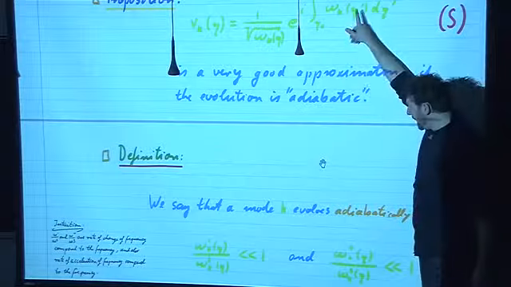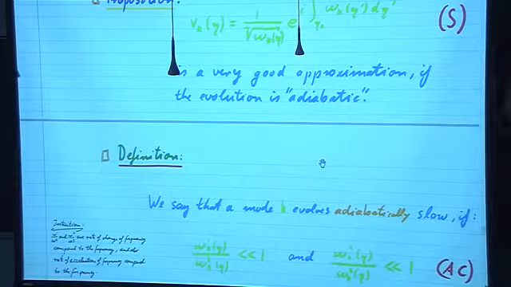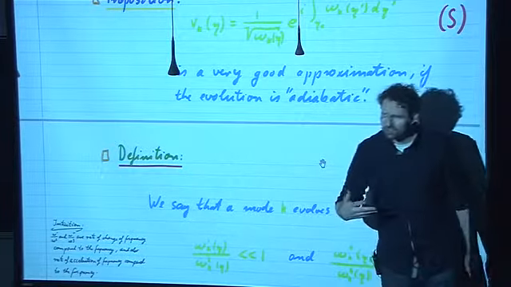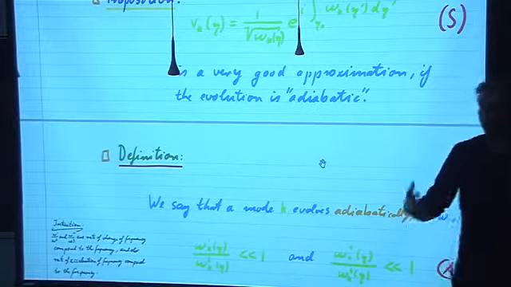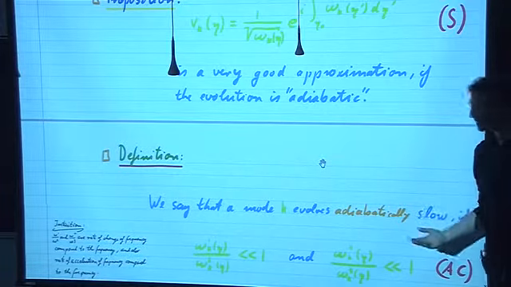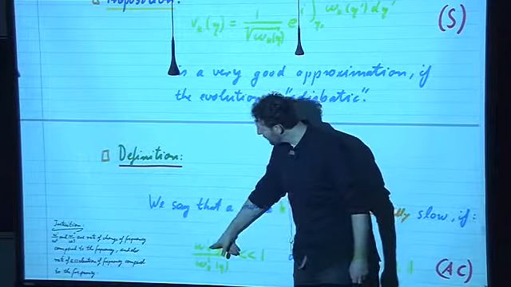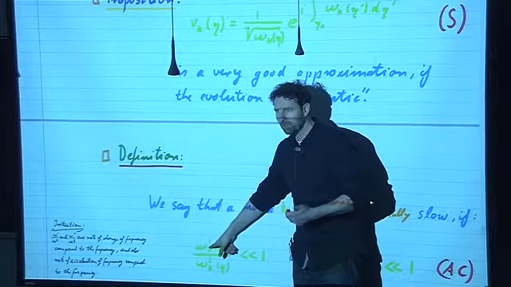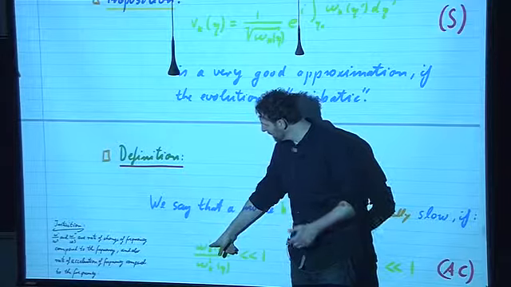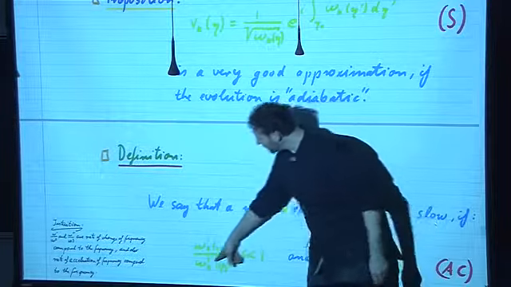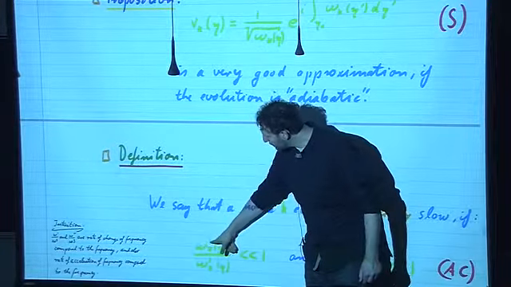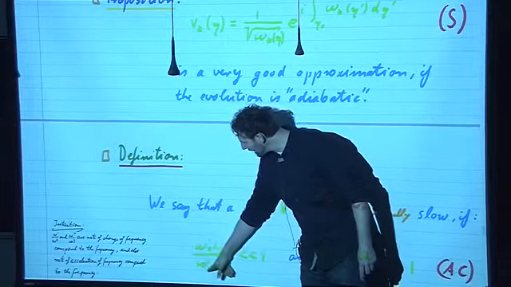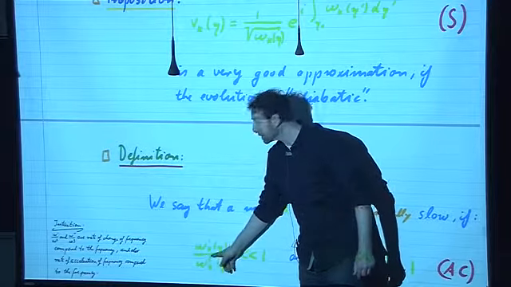It's the adiabatic approximation if the evolution is adiabatic, and that means that the change of the parameters is slow compared to the natural oscillation frequency of the harmonic oscillator. And concretely, this means if omega prime, the change of the oscillation frequency of a harmonic oscillator because of the expansion, is small compared to the oscillation frequency. Now, you see, omega prime has units of 1 over time squared. So you actually have to divide it by the frequency squared in order to get something unitless.